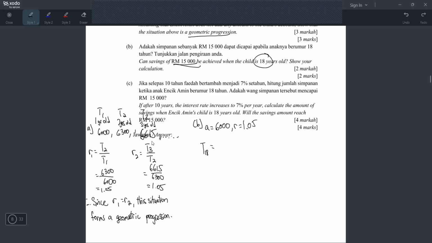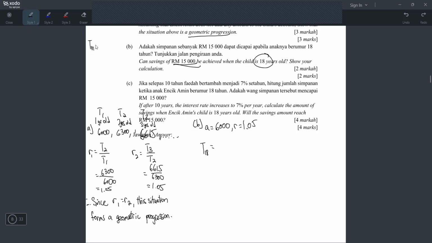Why don't we have to find S18? Because all these values are already the original value plus the interest. If you do S18, it will be wrong. It will not be the exact value of the savings. To get the exact value, just find T18, because all these values already take the old value plus the interest. So T18 is what you do here.